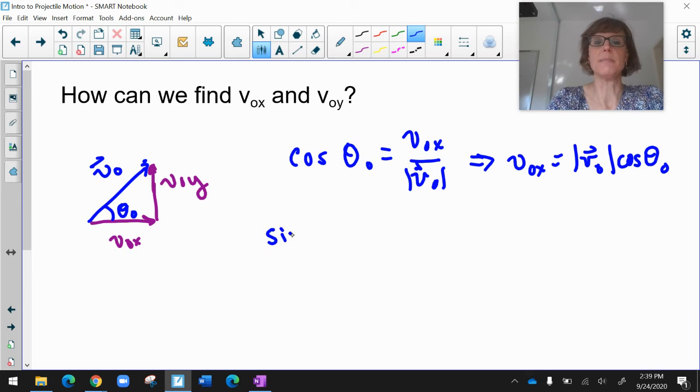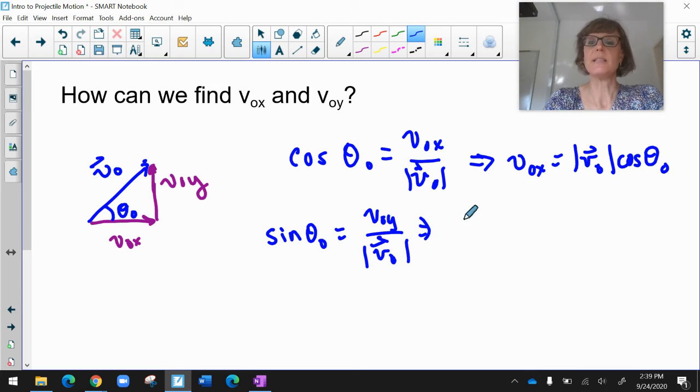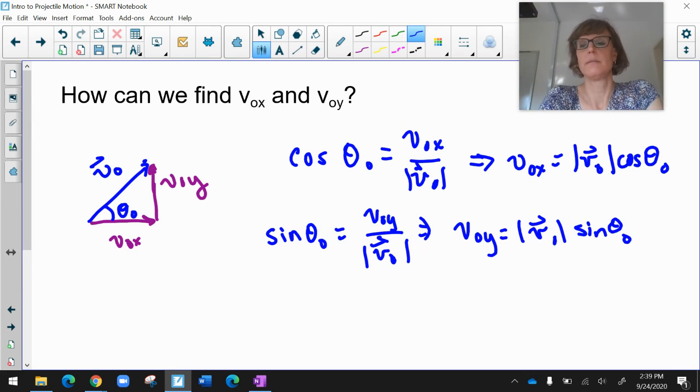And I can make a similar expression for sine theta 0. And that, of course, is going to be opposite over hypotenuse. So that's going to be V0y over the magnitude of V0. And again, that's going to lead me to V0y is the magnitude of V0 times sine theta 0.